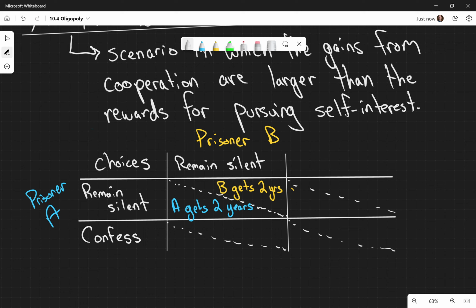And they might tell you that, well, if you confess, we will let you out with just 1 year. It'll be jail instead of prison or something like that, right? It'll be low security instead of high security. But if you confess and the other player remains silent, they are getting 8 years in jail.